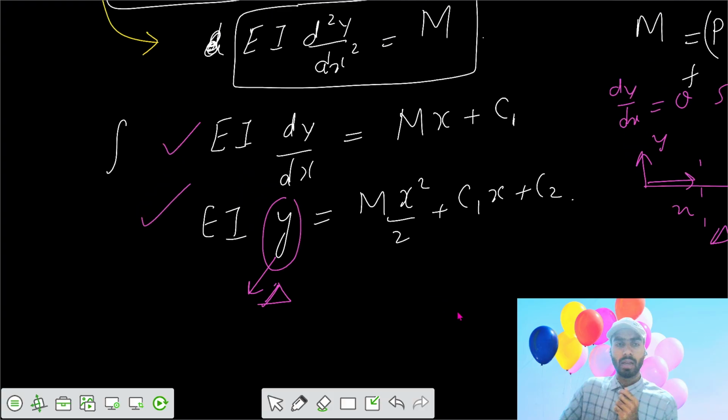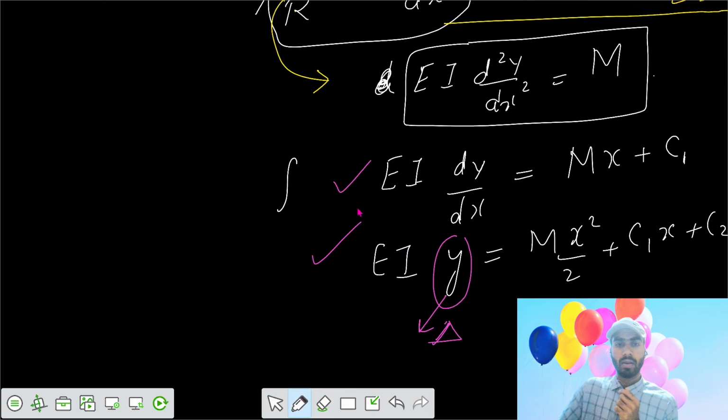Let's also take this equation and differentiate it with respect to x. We get EI d3y by dx3 equals dM by dx.